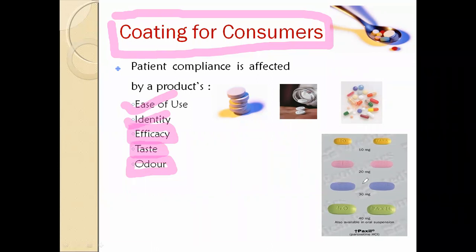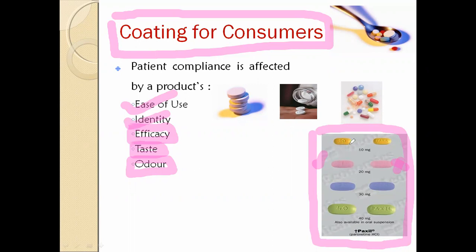Now you can see some examples given over here. This is what a difference makes. For example, you have a tablet which does not have any identification mark. Here we have a tablet which has an identification mark. It makes a difference, and this will help for identification purposes.